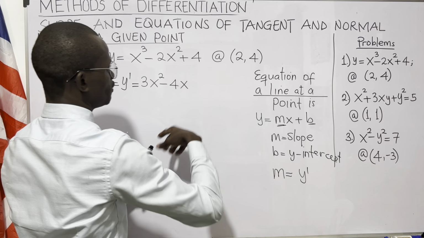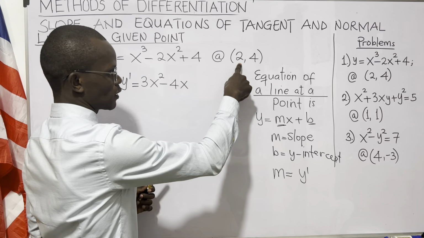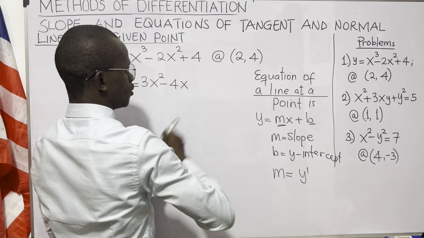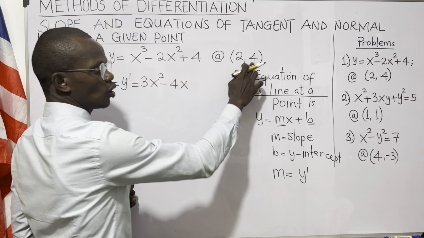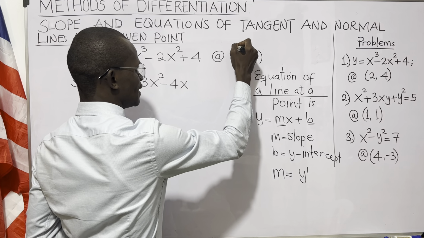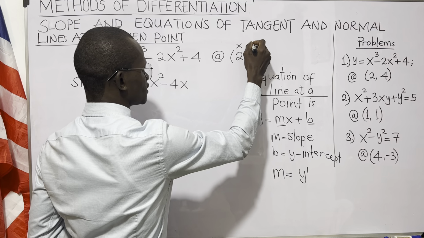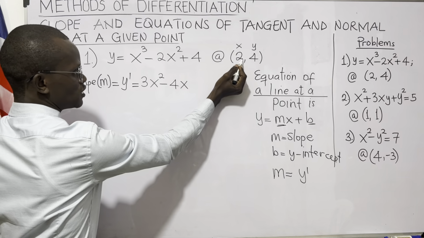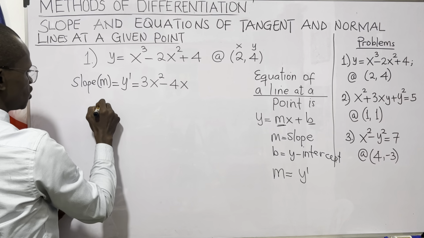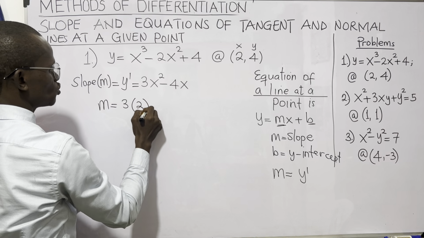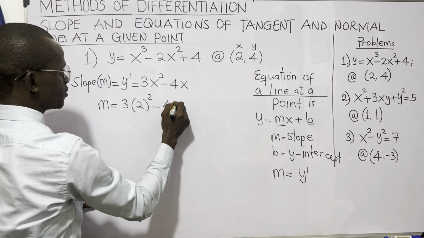So since we were given a particular point, (2, 4), which is the point of tangency, we know that for every ordered pair, the first term is x and the second represents y. So wherever we see x, we're going to replace it with 2. So it means the slope now would just be 3 times 2 squared minus 4 times 2.